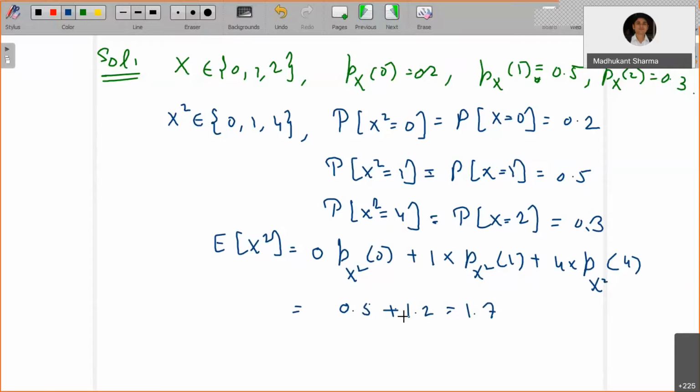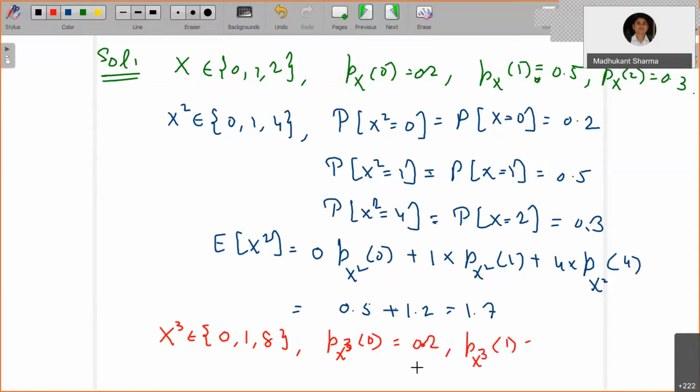So similarly, I can talk about x cube now. Certainly I can tell that x cube belongs to the set 0, 1, 8: 0 cube is 0, 1 cube is 1, 2 cube is 8. And you can show that P of x cube at 0 is only possible when x is 0, with probability 0.2. Similarly, P of x cube at 1 is only possible when x is 1 only, right?